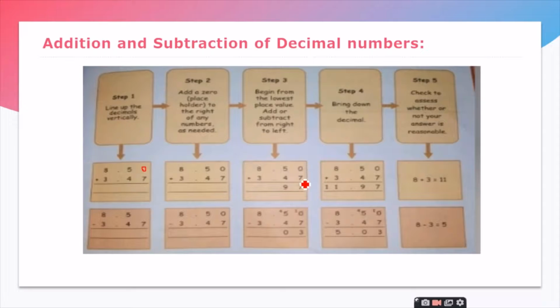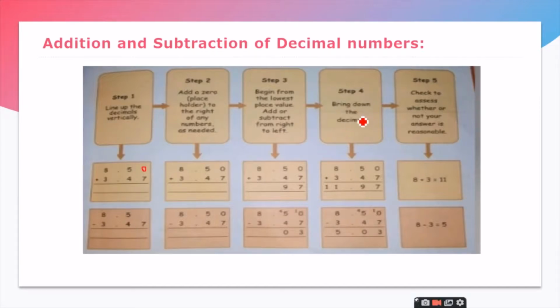Now we have 0 and 7. 0 plus 7 is 7. 5 plus 4 is 9. Similarly in subtraction, we cannot subtract 7 from 0, so we take a carry from 5, so it becomes 10. Now 10 minus 7 is 3. Now it's 4. 4 minus 4 is 0.